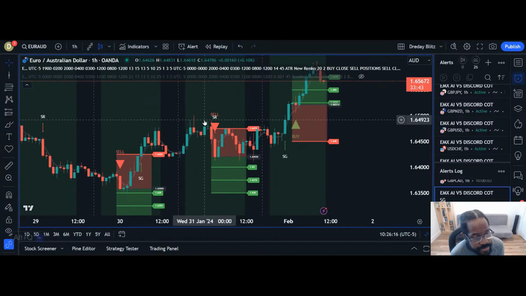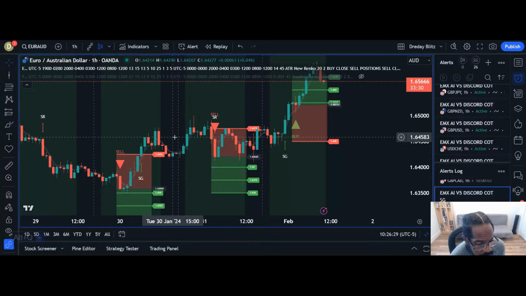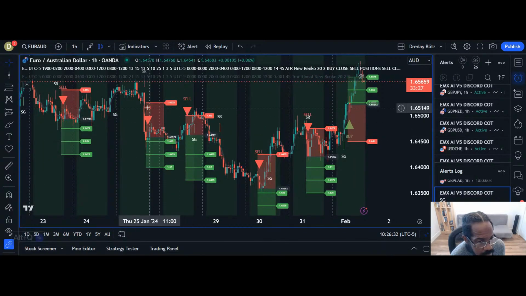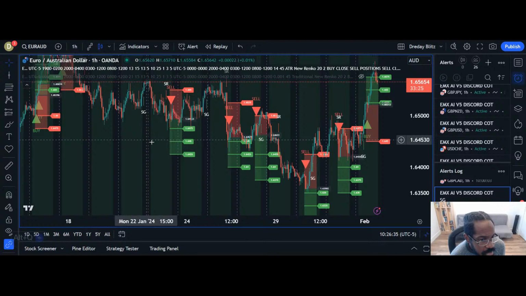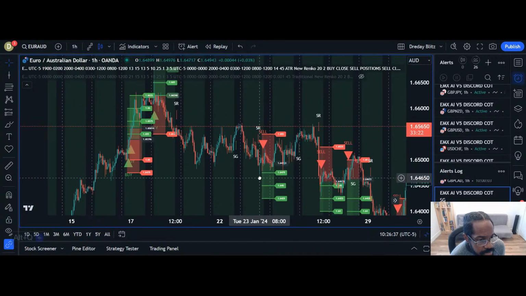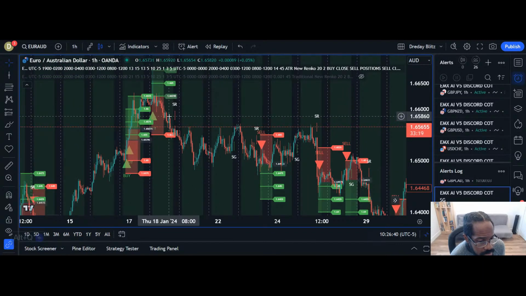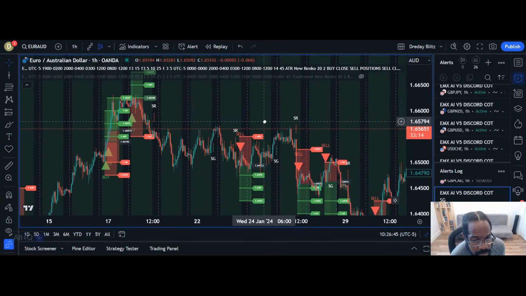Exactly. Yeah. But that switch green won't be there because the higher time frame is still bearish.